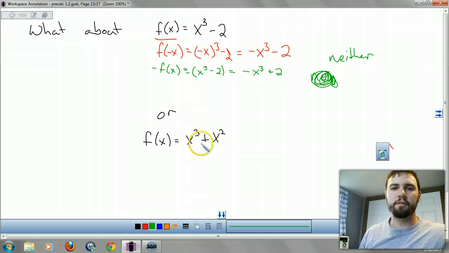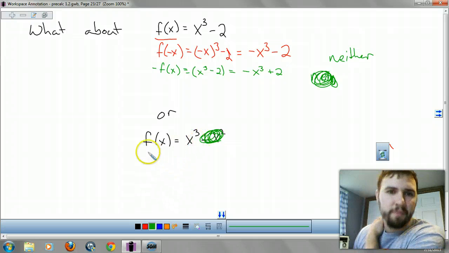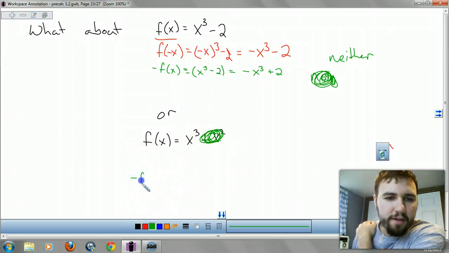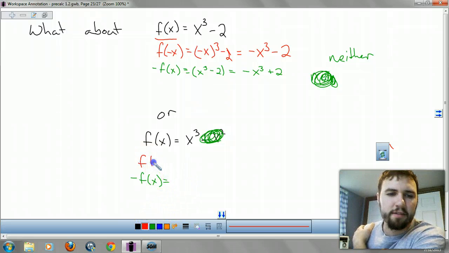Let's take a look at this one. That one's going to be neither, too. Let's just change this so it's f of x to a third. So we need to find negative f of x. We need to find f of negative x.